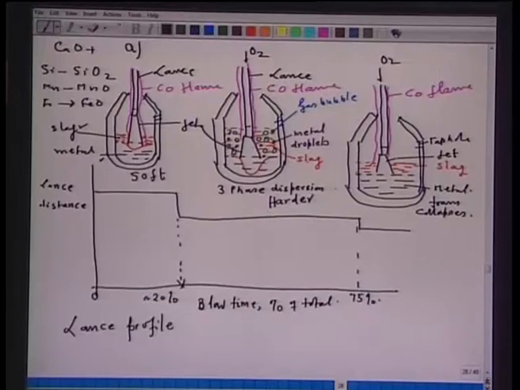So, in the main part he has to control such that both reactions go simultaneously, but at a pace so that phosphorus removal is over and then carbon removal is on. So, that is the main part of the blow, where a slag, metal droplet and gas bubble dispersion is created.